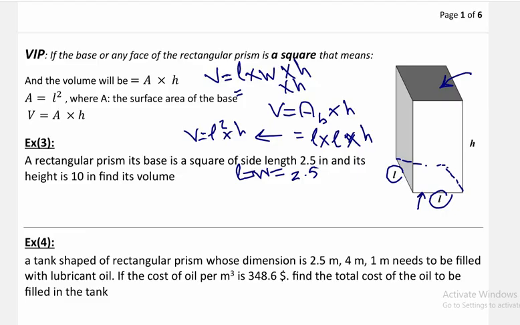Find its volume. The volume will be 2.5 times 2.5 times 10. If you do the calculations, 2.5 times 2.5 will get 6.25.